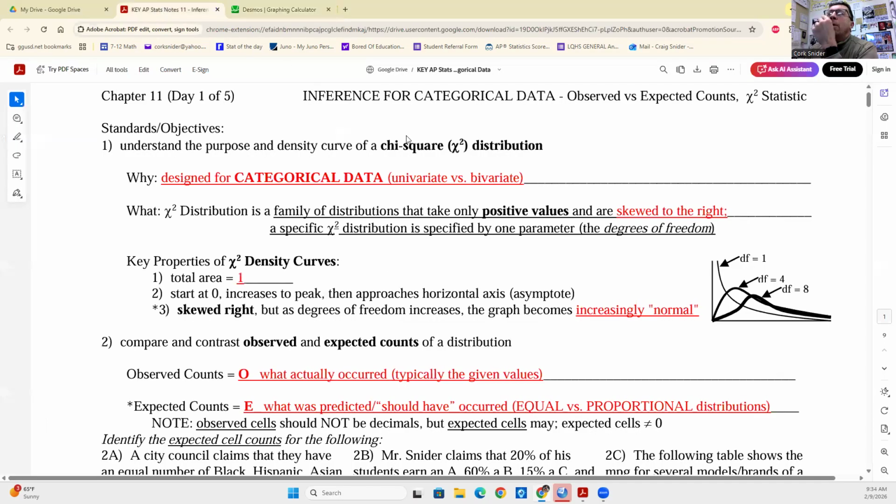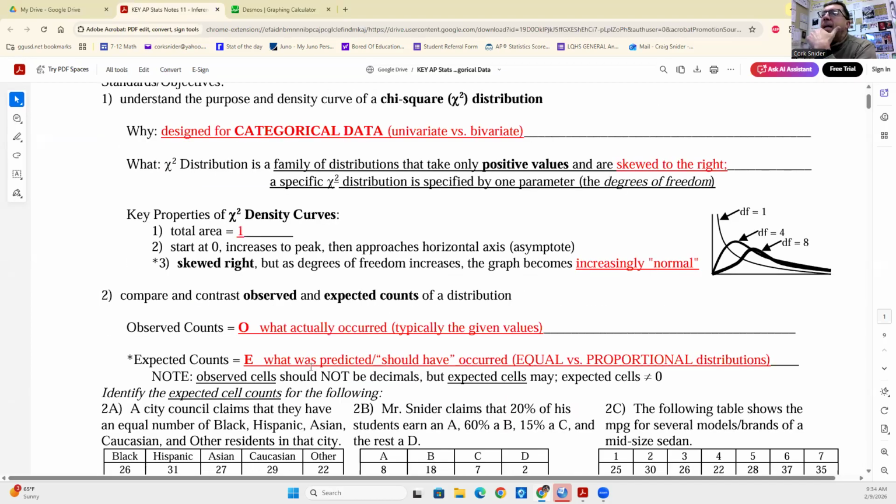Okay, so as you're writing this down, we have something called observed counts, O, and then we have expected counts, that's E. Now, when we get into the requirements, remember the SPIN acronym? So let me write that out again. The S is still representative sample. The P in SPIN is, of course, the population's got to be 10 times bigger than the total in the table.